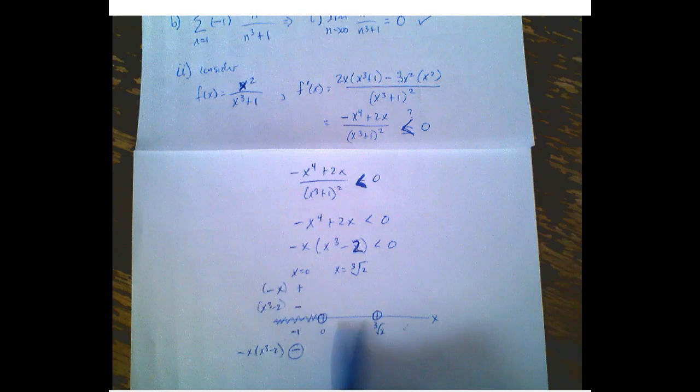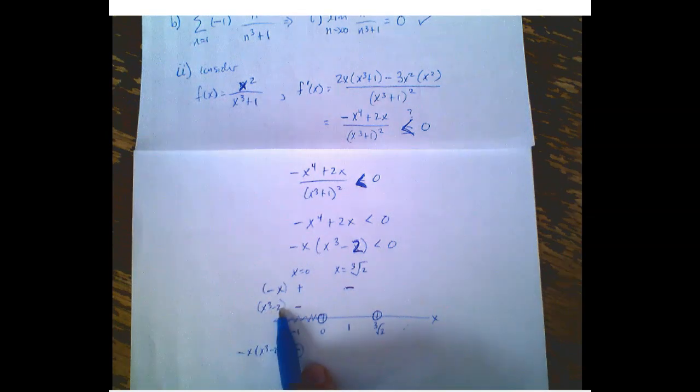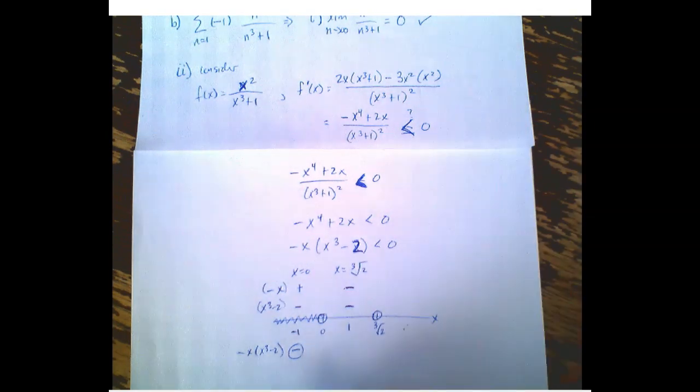How about in here? Well, what number is in between 0 and the cube root of 2? The cube root of 2 is slightly larger than 1, so we can choose 1 here. So this sign would be negative. And if x is 1 here, this sign is also negative. Therefore, this product would be positive here.